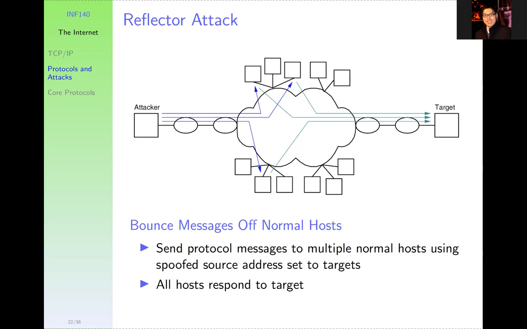When these nodes in the external network receive this ping request, they will respond to it, and then the target will receive ping responses from different nodes in the network. If the ISP doesn't have very strict rules, sometimes the attack can still be conducted.